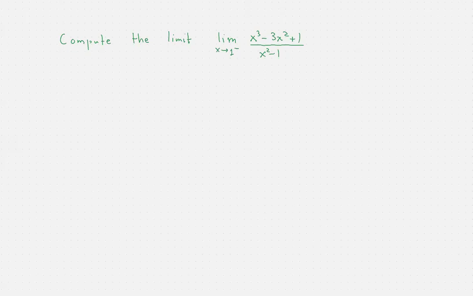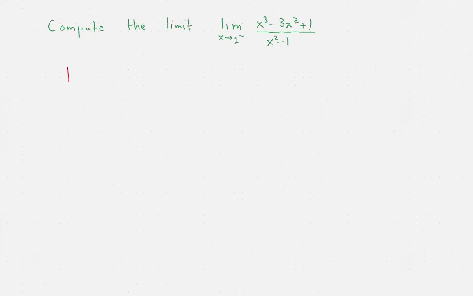So the way that we deal with this is the following. We try to separate the quantities that give us non-zero numbers from the quantities that give us 0.